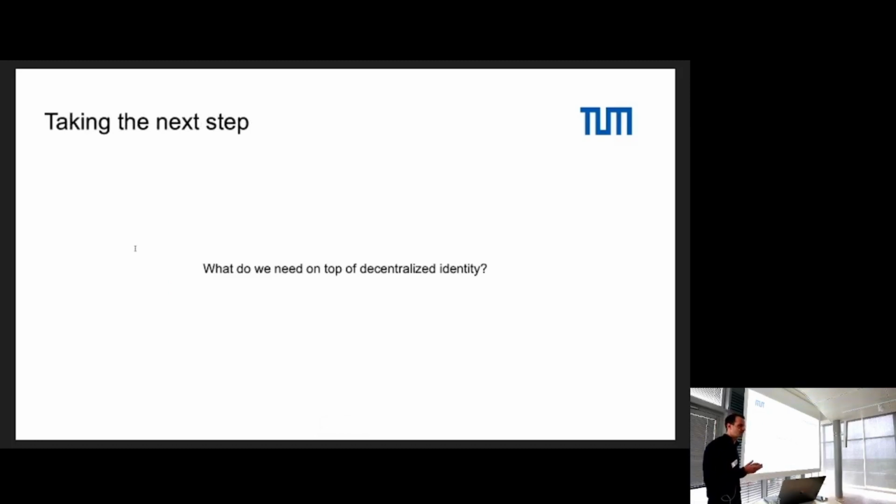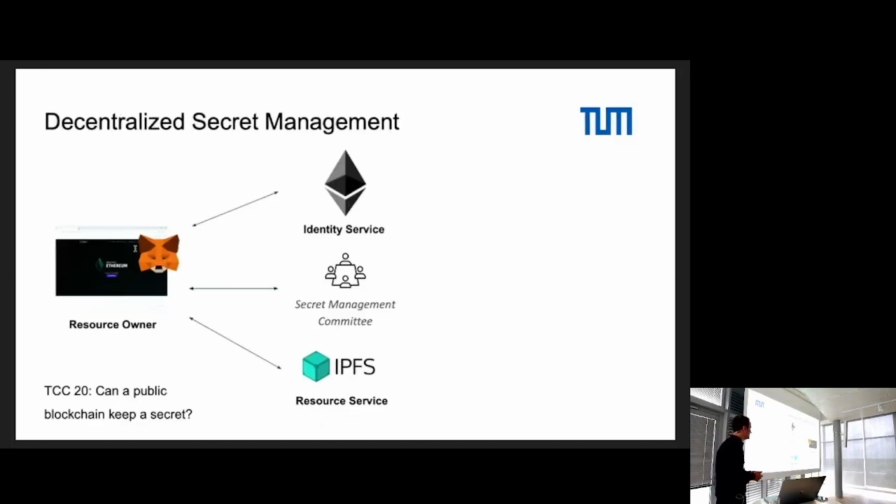But what's next? This would be the very basic identity management in a decentralized context. What we want is to protect our data. When it comes to data protection, we need to outsource the secret management, the secrets that protect our data, to a different service, because otherwise there is no availability of the secret information.